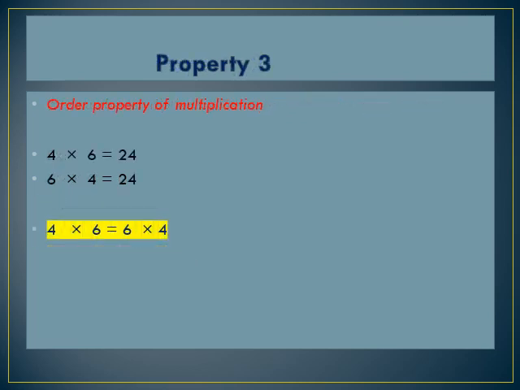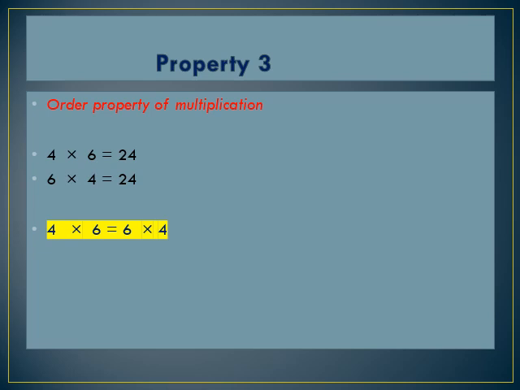Property 3. Order property of multiplication. Let us understand this with an example. 4 into 6 is equal to 24 and 6 into 4 is also equal to 24.